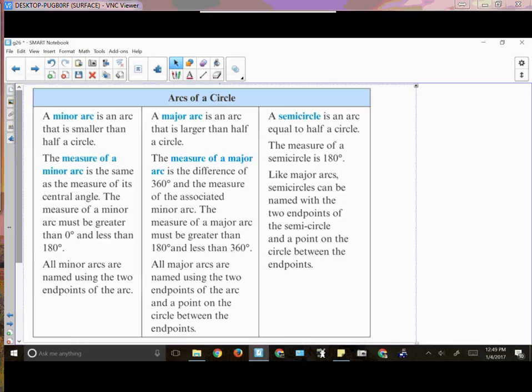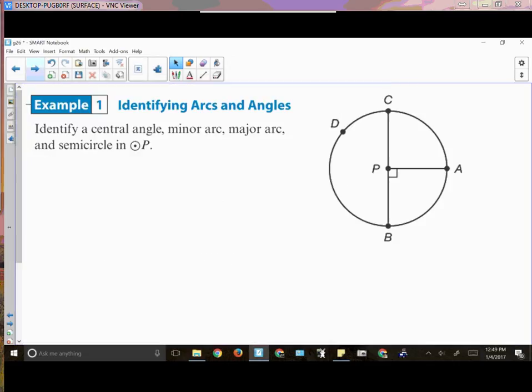All right. Now, minor and major. Minor is lesser, major is more, right? Makes sense. And a semi is always going to be half of it. Just things to keep in mind.